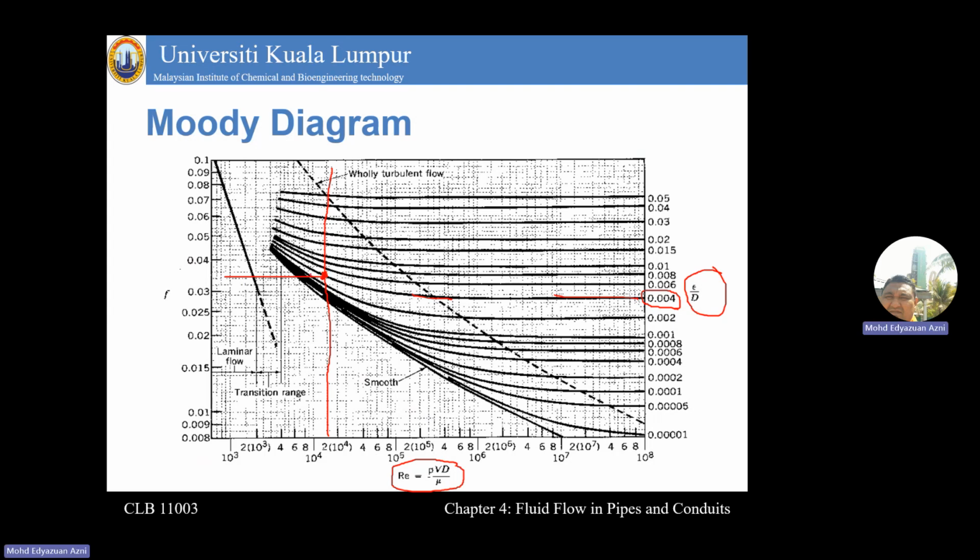With this intersection, we make one line to the left, which is the friction factor. We get the friction factor here.